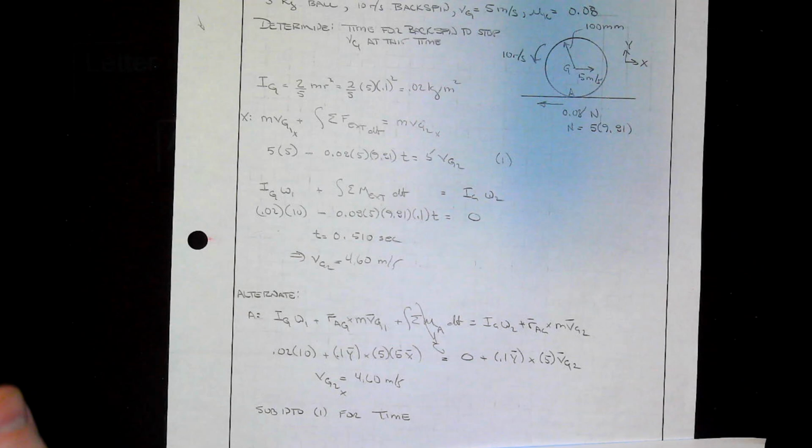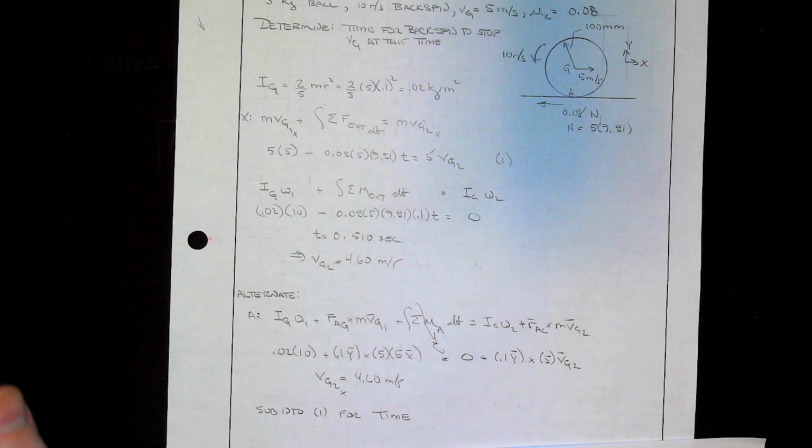Well, IG was 0.02, 10 radians per second counterclockwise. Then I have a second term, R from A to G. That's 0.1 j cross mass 5. This is going 5 meters per second in the positive x direction. Okay, I know all of that.